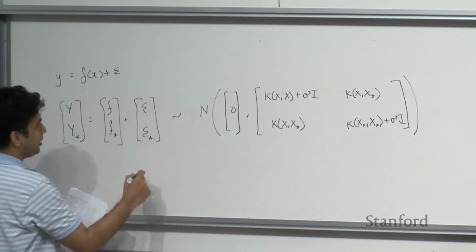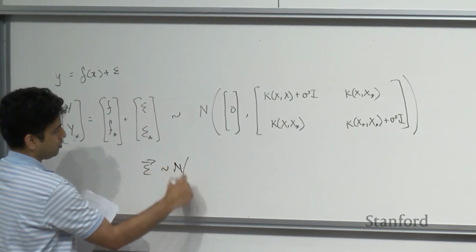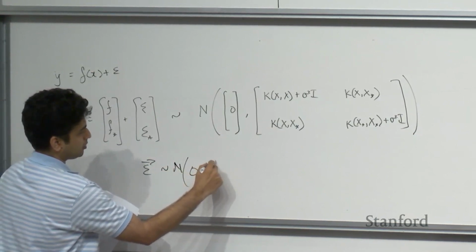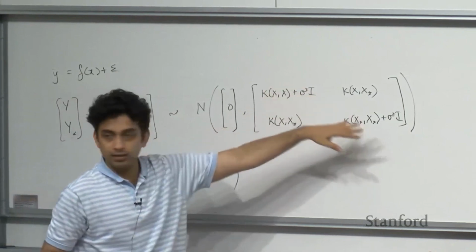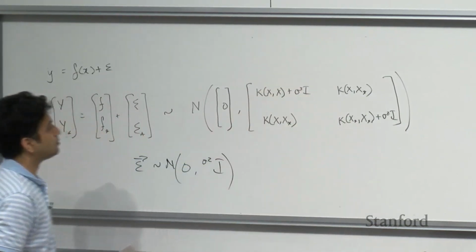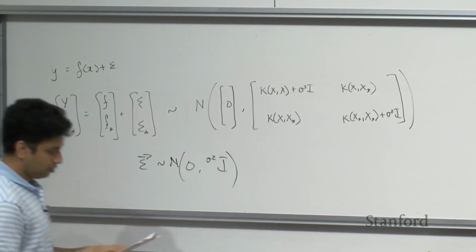The entire epsilon vector follows normal 0 and sigma square I, right? So you just add it here, it only adds along the diagonal. And this is the matrix that we're going to now work with.